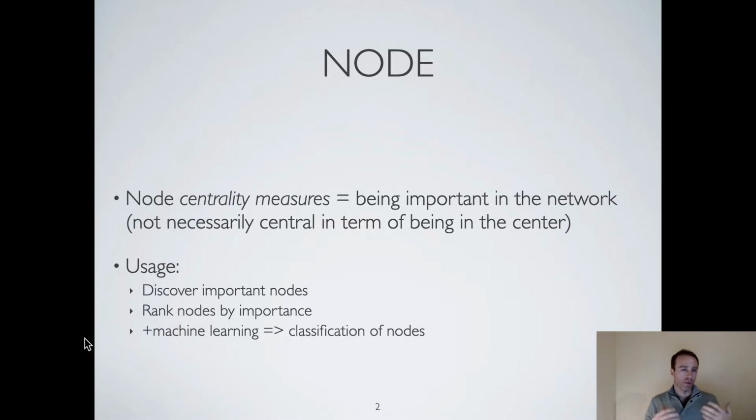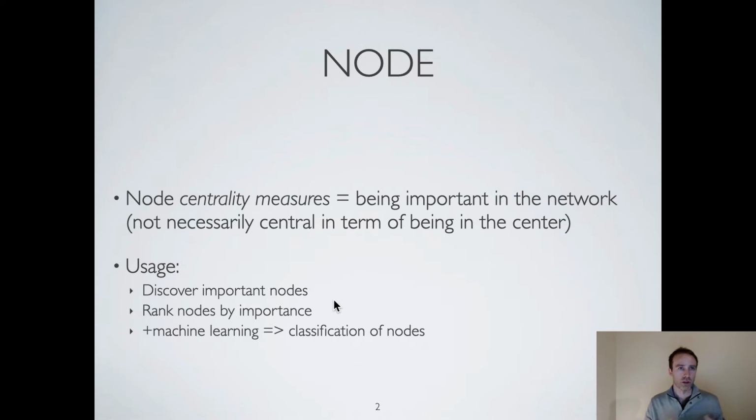Okay, so a centrality measure is a measure of how important the node is according to some notion of what is important. There are several usages of these centrality measures. With node description, they can of course be used to discover important nodes.